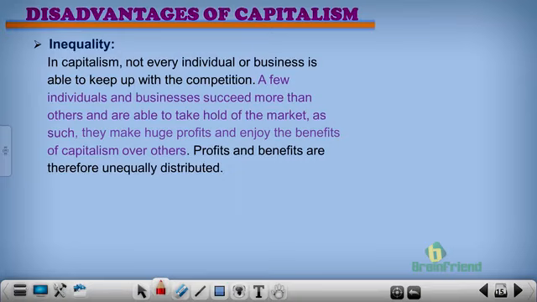In a capitalist economy, these individuals and business owners get into these competitions to keep up with the competition and still be relevant in the market. But one thing to note is that a few individuals or business owners become successful in this competition, while others may not be that successful, so they remain low down there.